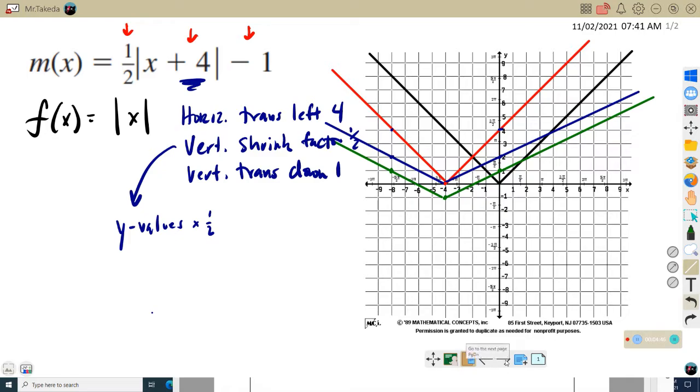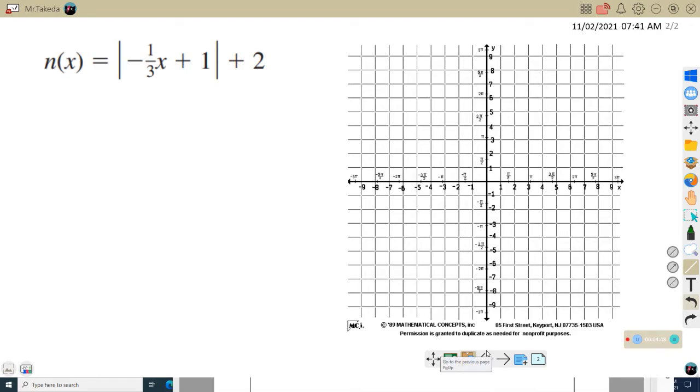And then the next one, same thing here. We'll go in order. So first thing, horizontal translation. That's going to be 1 unit to the left. I should put the number 1 there. And then we have a couple of multipliers here.